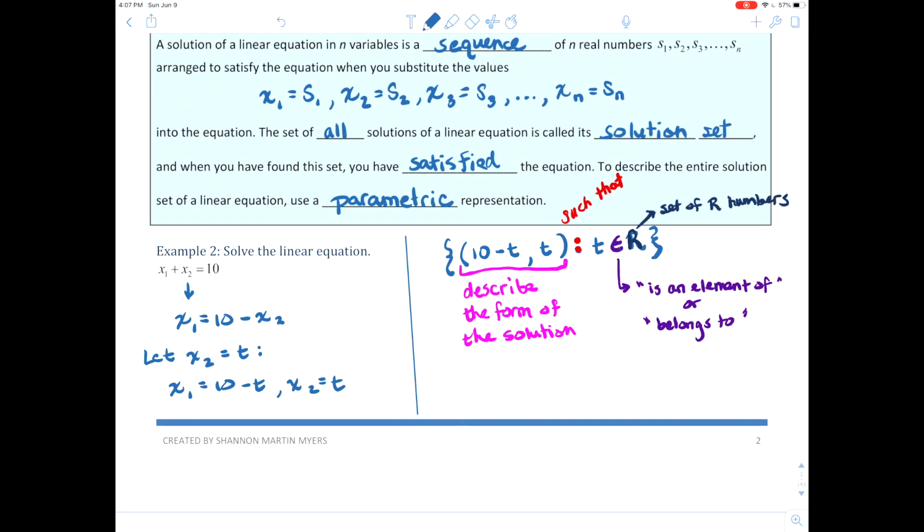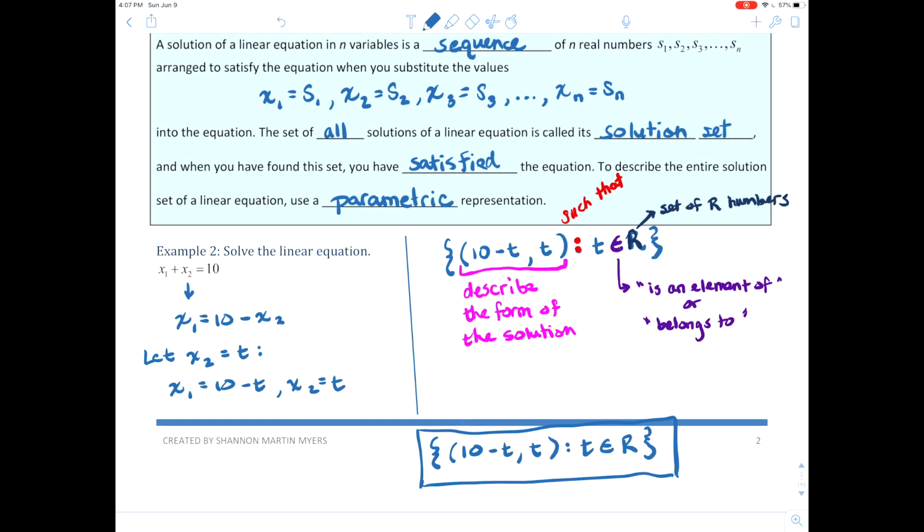So at the end of the day, just to kind of clean it up a little bit, we have just one equation we're solving, and the solution to this equation is the set of ordered pairs 10 minus t, comma t, such that t belongs to the real numbers. And it's not a system, so we don't need to talk about whether it's consistent or not.